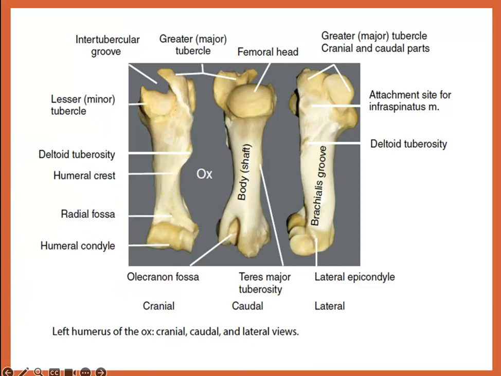Another one for bovine, you will see the head, this should be the humeral head, and then you have the intertubercular groove, which is undivided here. You can see also the greater tubercle is curved over the bicipital groove. You can see also the olecranon fossa, the radial fossa, the trochlea, the capitulum, and also the bicipital groove.